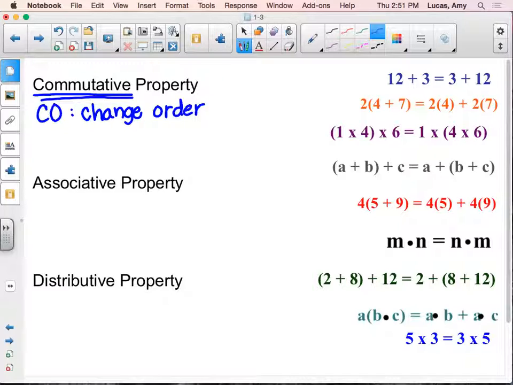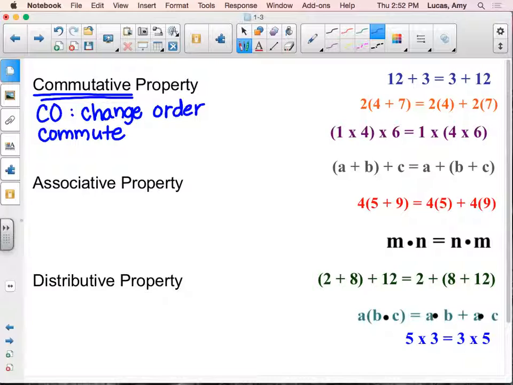Another thing that you might think about is the word commutative is kind of similar to the word commute. And if you know what commuting means, it's like when you drive from your house to work and then from work back to your house. That's commuting. Or you go from your home to school and then school back home.